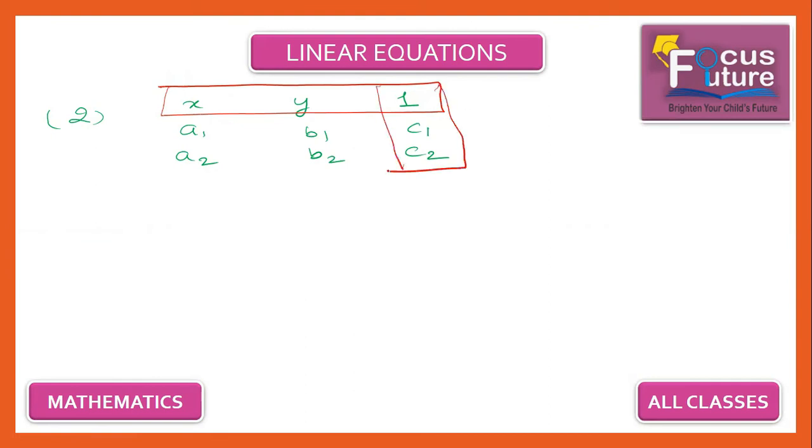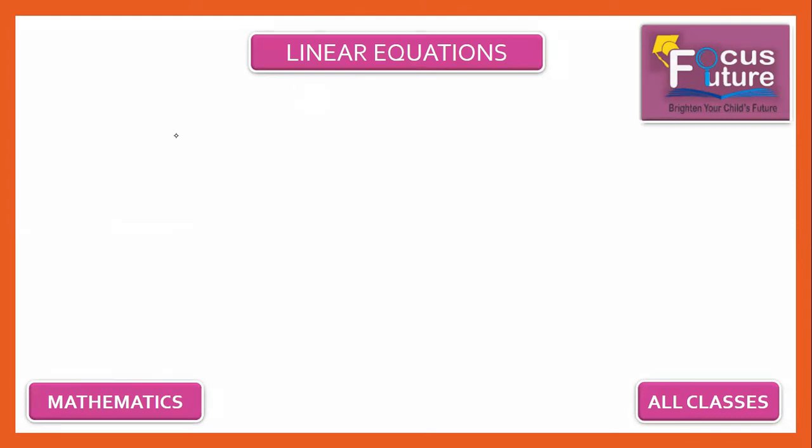Whatever is left, just cross multiply. a1 b2, a2 b1. So you would write it as 1 divided by a1 b2 minus a2 b1. Okay, now just compile everything you got.